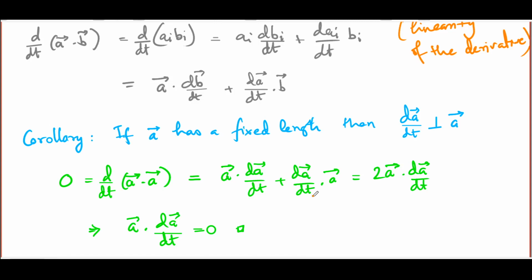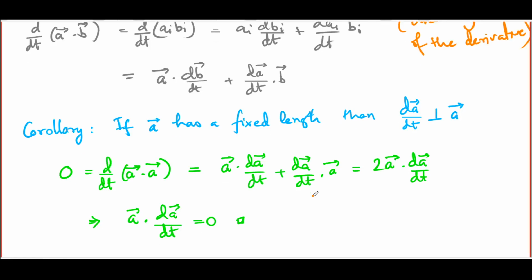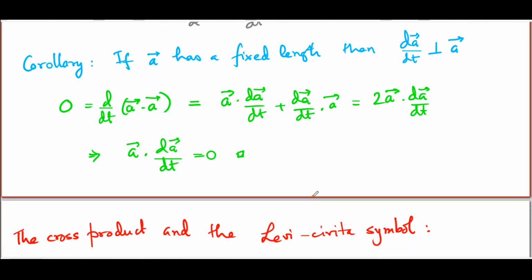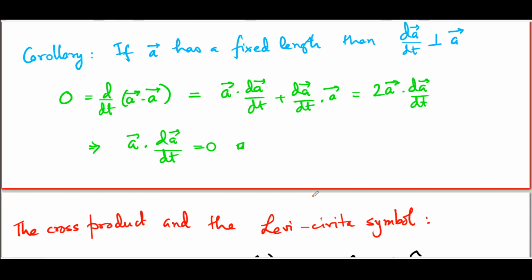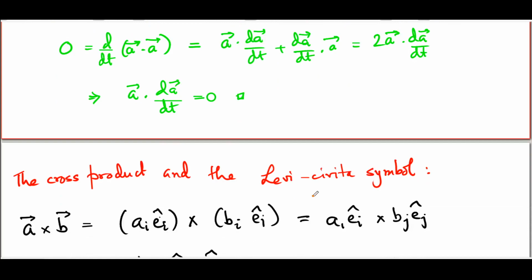Let us next move on to the other major product of vectors, the cross product. This will give us an introduction to our second important symbol here, the so-called Levi-Civita symbol, or often called the epsilon symbol in short. To see what that is, let's start with A cross B. That's a_i e_i cross b_i e_i.